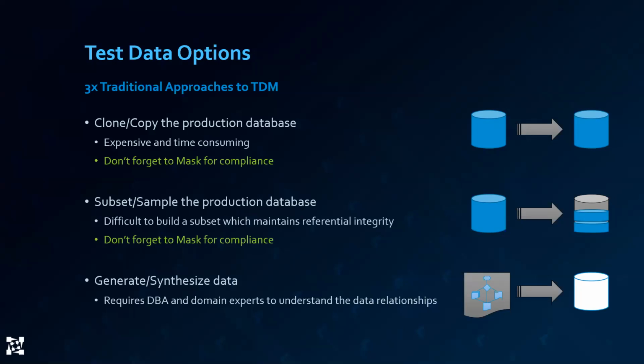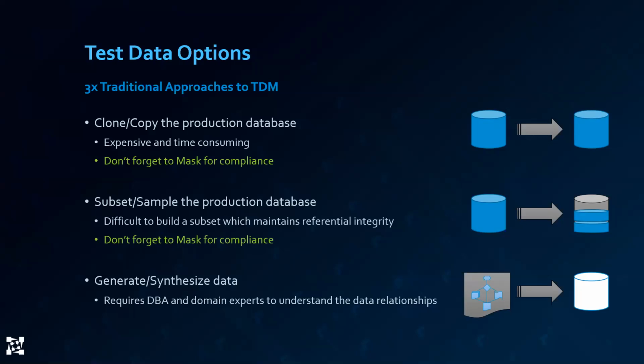So organizations then say, well, maybe we could look at subsetting or sampling the production database. This is the process of taking just a little bit of the data, whatever you need to satisfy those particular use cases. This is good because you're not grabbing all the data from that production system. You can sort of choose what it is that you want.